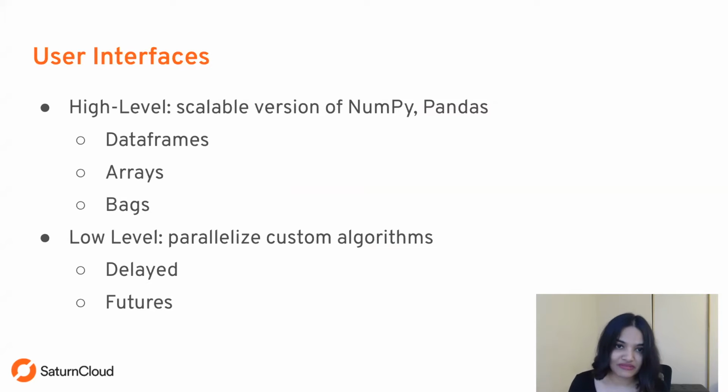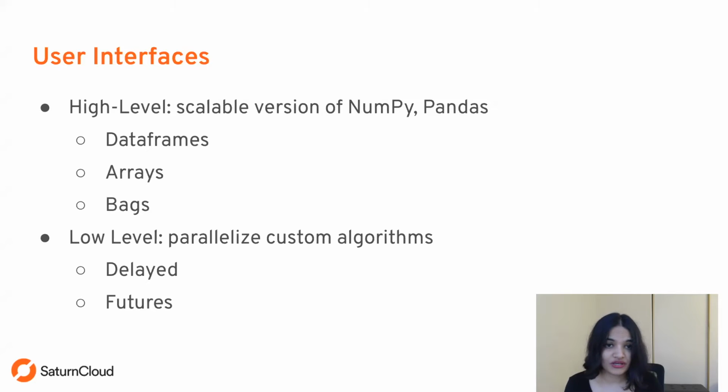And then comes the low-level interface. So imagine that you have a custom algorithm. It is written for a single node. Let's say that you use Pandas and you wrote n number of functions. And later you realize that, hey, I think I need some scalability. And you don't want each and everything to be changed to something like Dask DataFrames or Dask arrays.